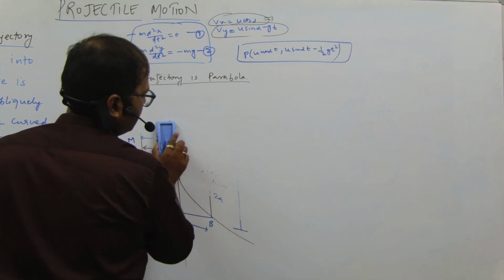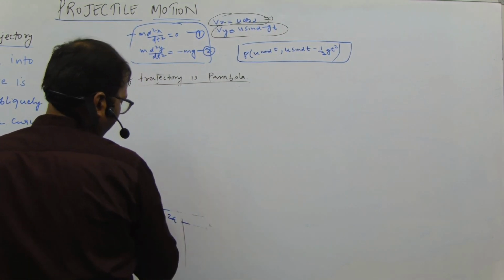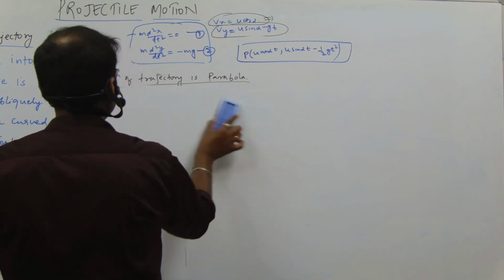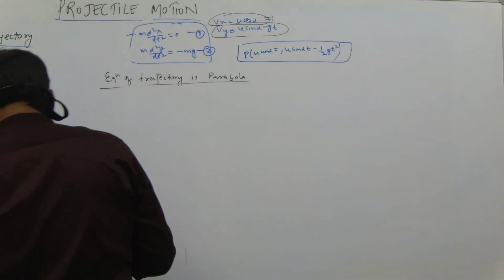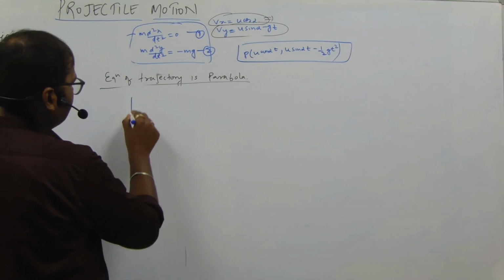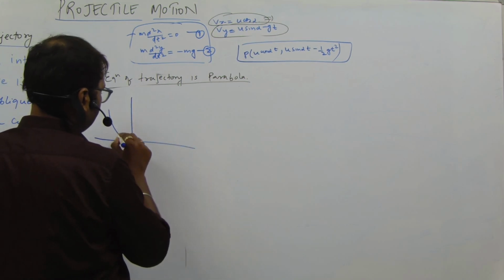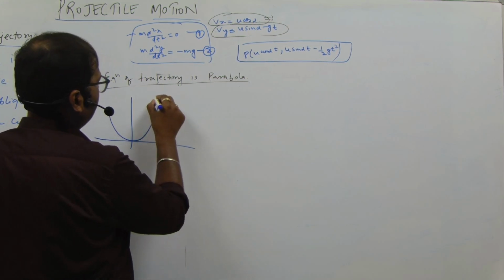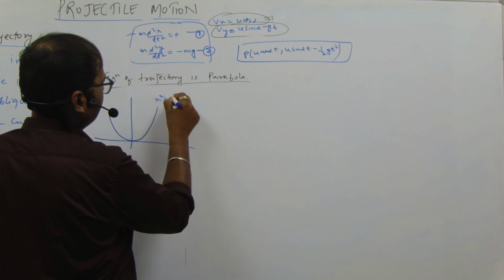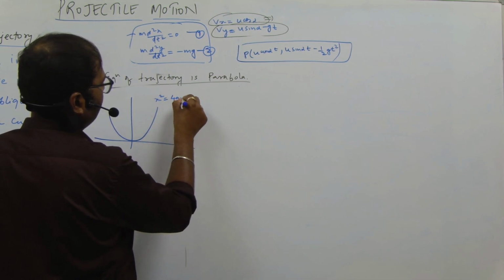Now let us understand a few concepts about the shifting of origin. If you are aware of the basics of the parabola, this is a parabola. Let us take this equation as x square is equal to 4ay.